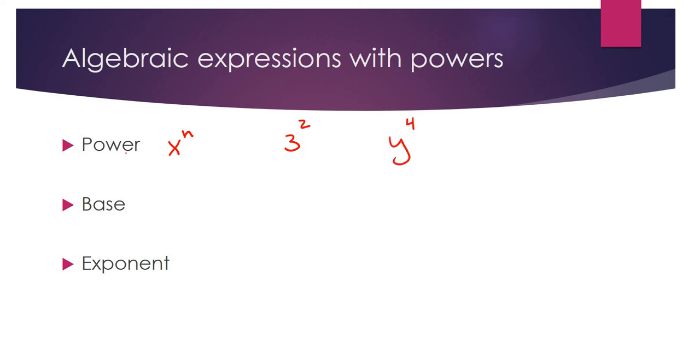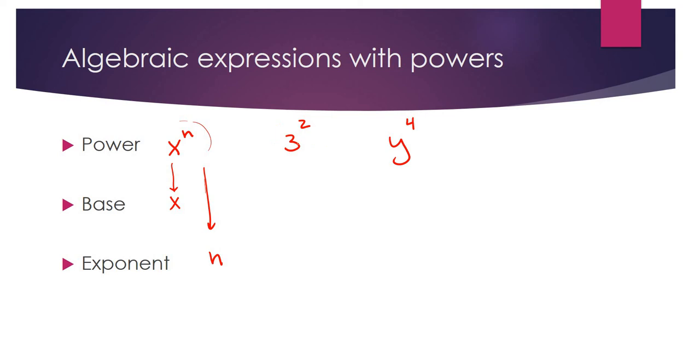Y to the 4th is a power expression. The base and the exponent are pieces of that power. So the base of this expression is x. The exponent is n. So the base is the piece at the bottom. The exponent is what we are raising it to.